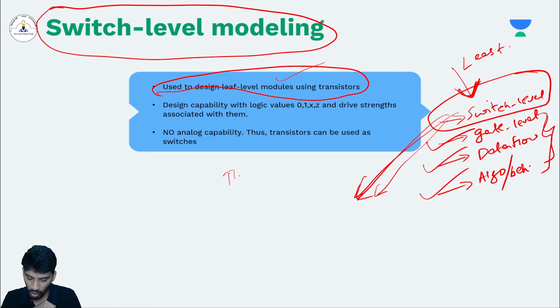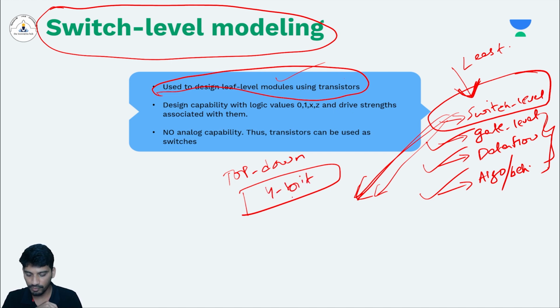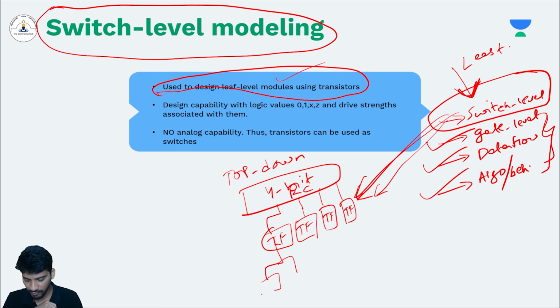We have seen the top down approach and bottom up approach in the beginning of this course. The top down approach, if you see, if you want to build a 4-bit ripple carry adder, what we did, we have used 4 T flip flops like this, and inside each T flip flop we have a D flip flop and an inverter, right?